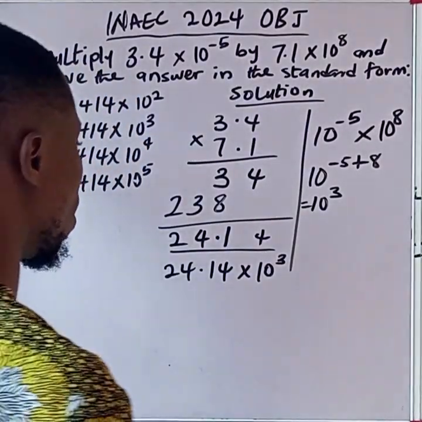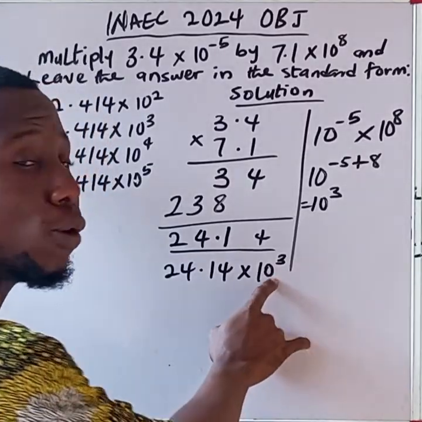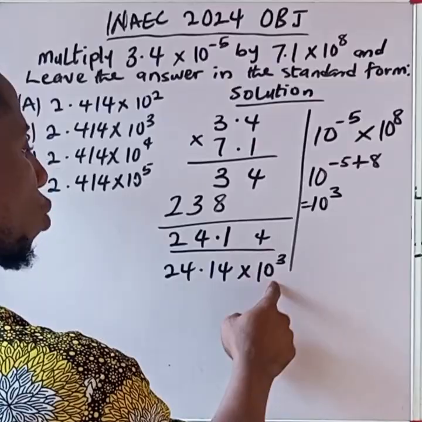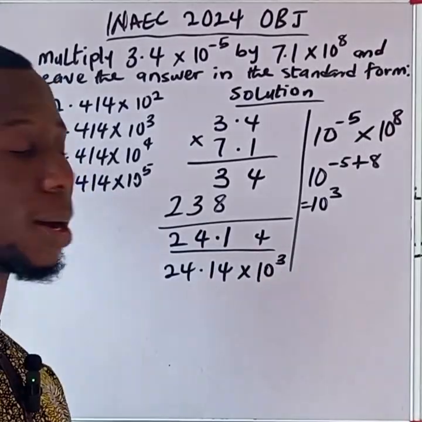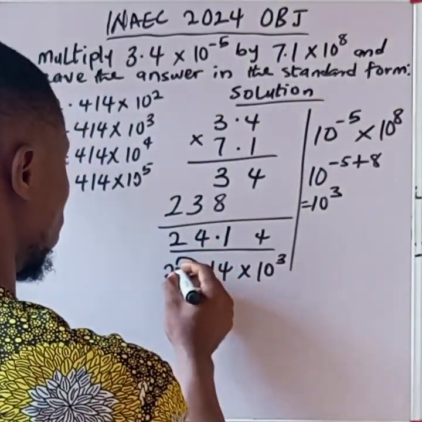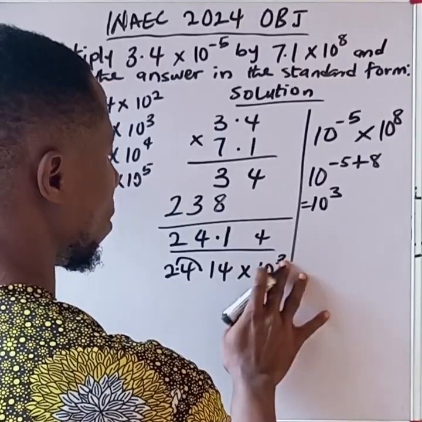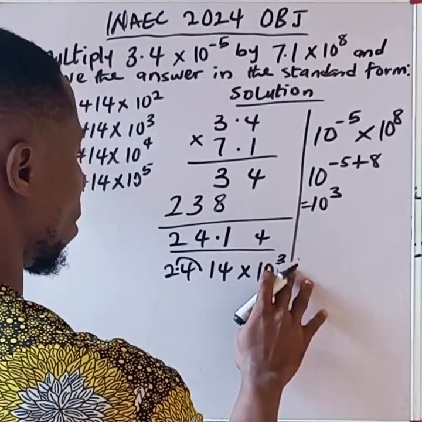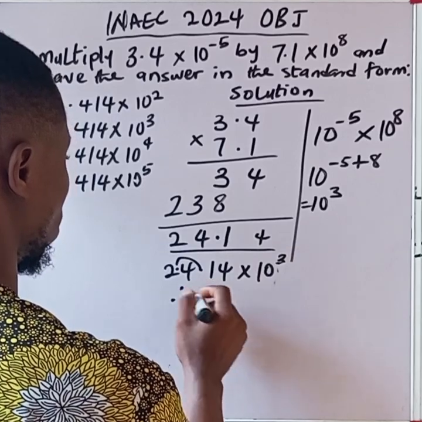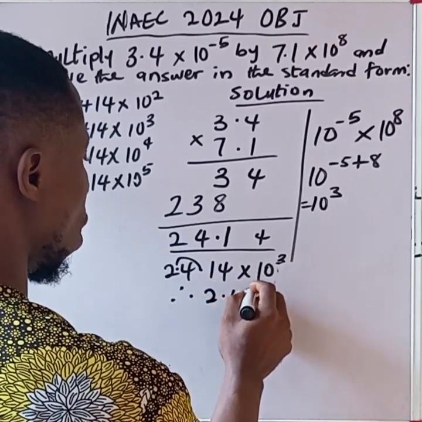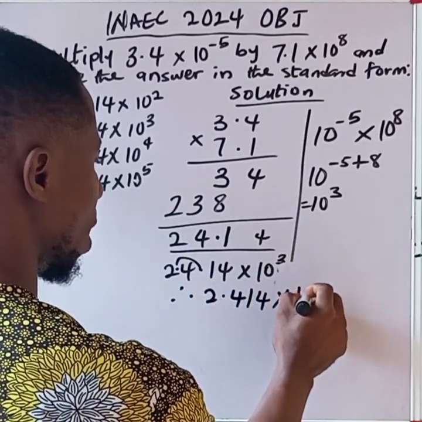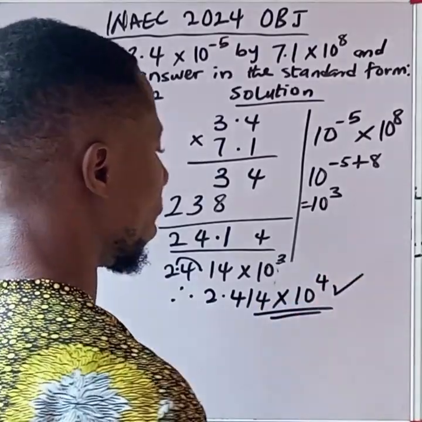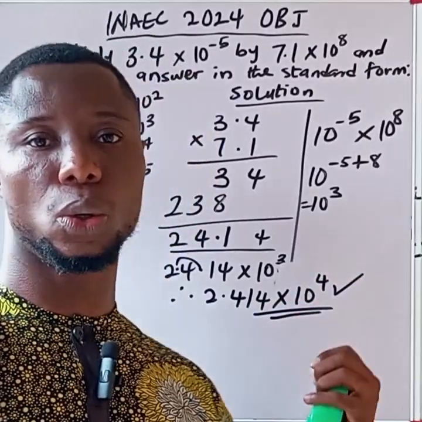If we move the decimal 1 place backward, we add 1 to the power. Therefore, our answer will now be 2.414 times 10 raised to the power of 4. So this is the final answer to the question.